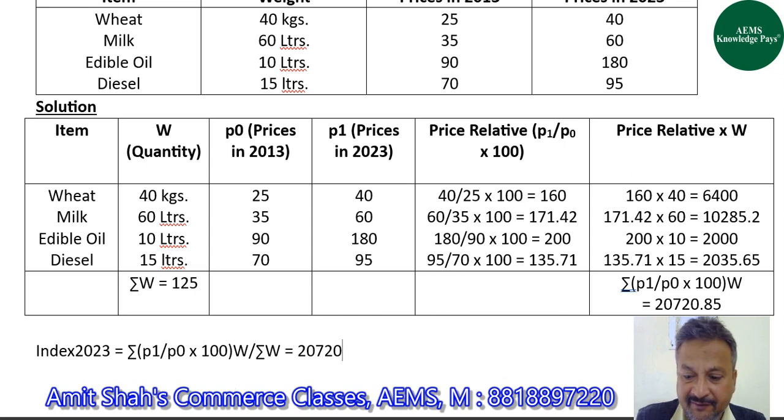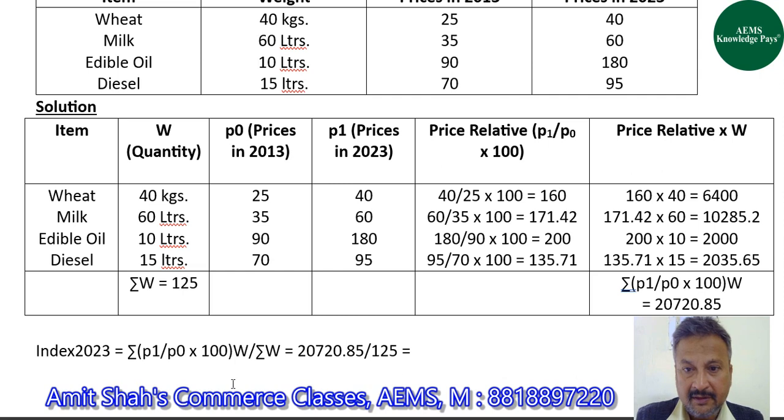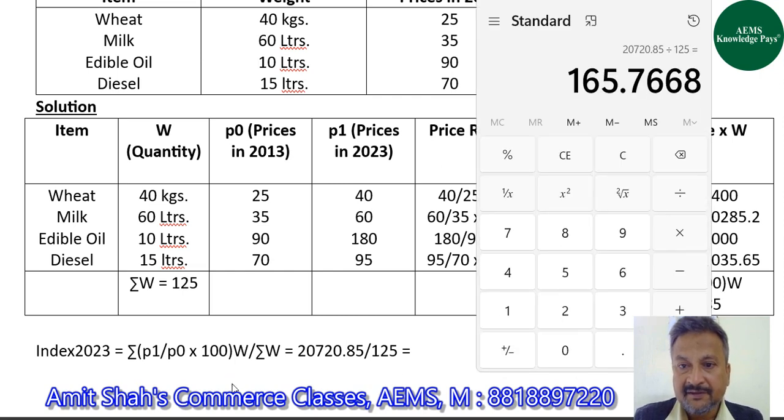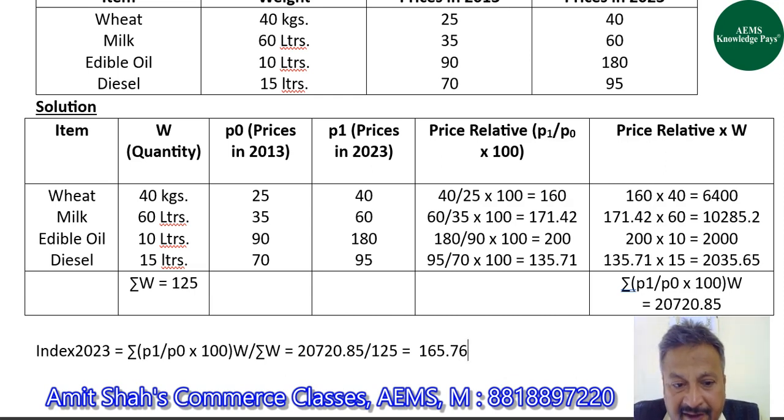That is 2720.85 divided by 125. That is 165.76. It means prices in the year 2023 have risen by 65.76%.